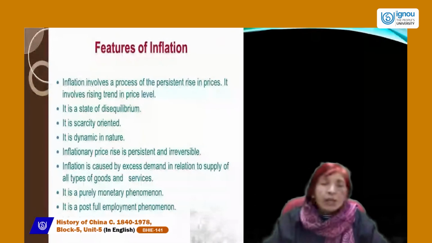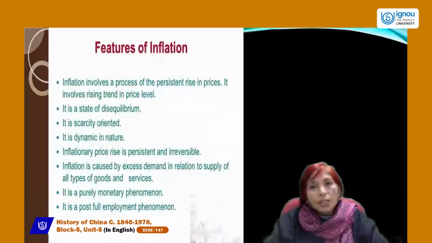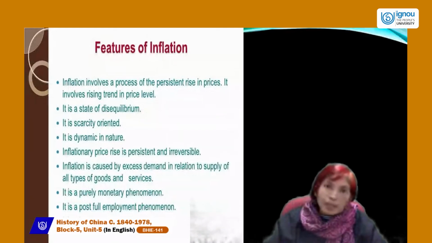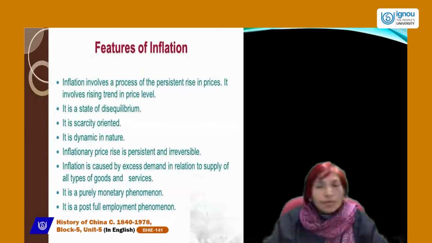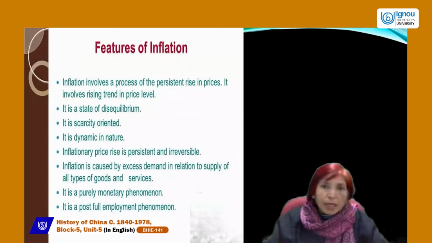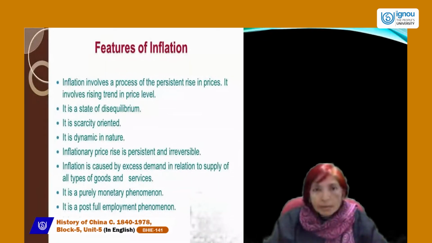Inflation is caused by excess demand in relation to supply of all types of goods and services, because we know that as population increases, aggregate demand will always remain greater than aggregate supply. When this situation happens, inflation always exists in an economy. It's a purely monetary phenomenon.